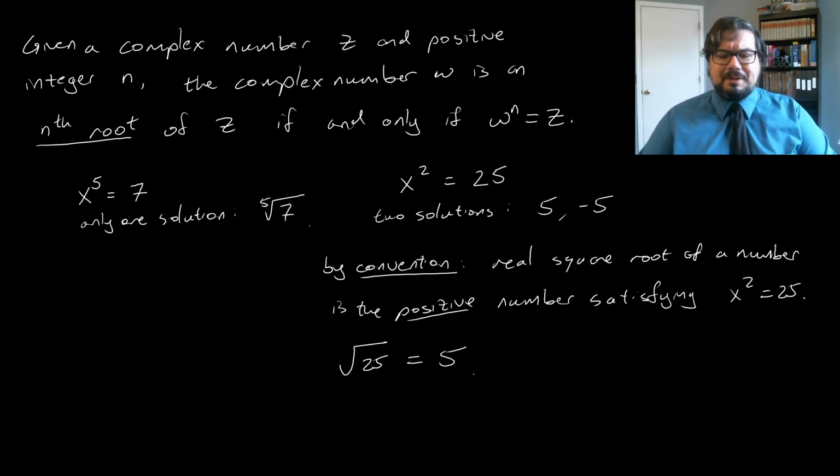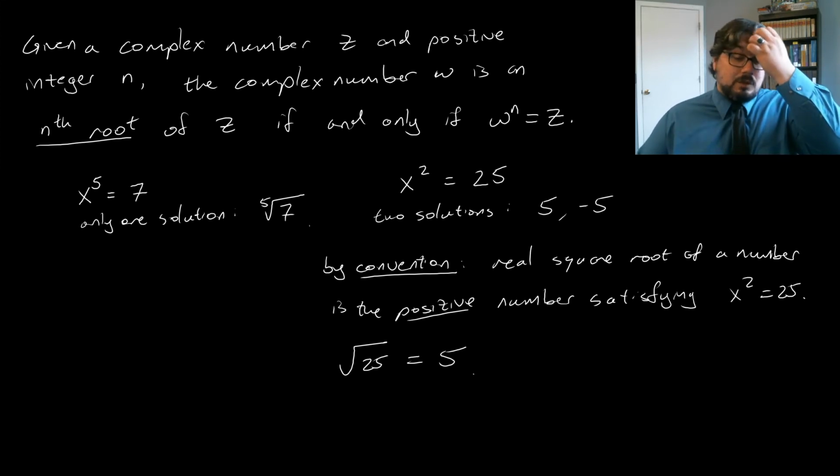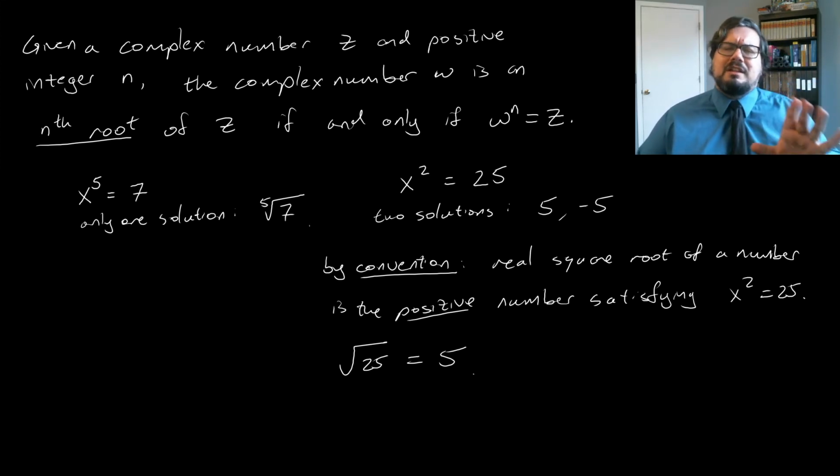We're not going to have a specific notation for it because, as it turns out, for any positive integer n and any non-zero complex number, there are n different nth roots. So no matter what number you start with, there are going to be 5 different fifth roots, 8 different eighth roots, 2 different square roots, and so forth and so on. Or I should say second roots, not square roots, because that's specific to the real numbers.